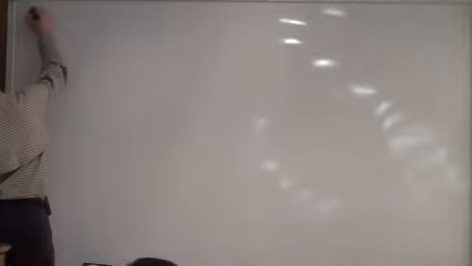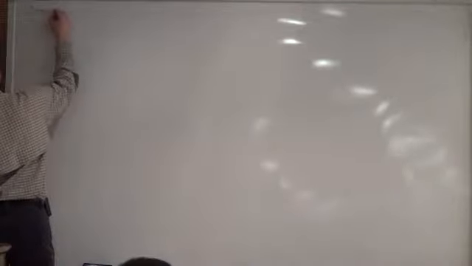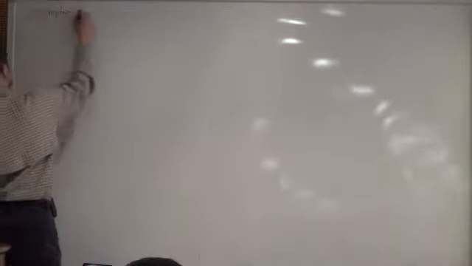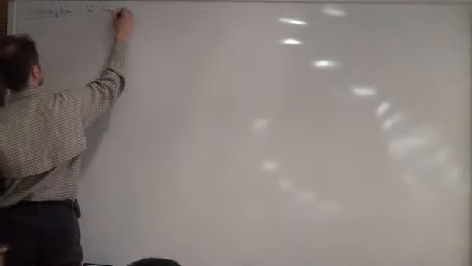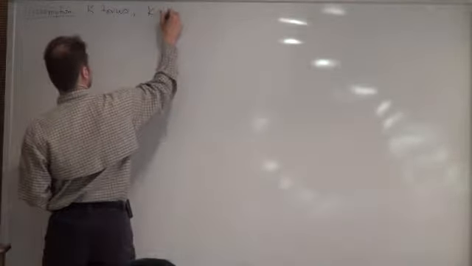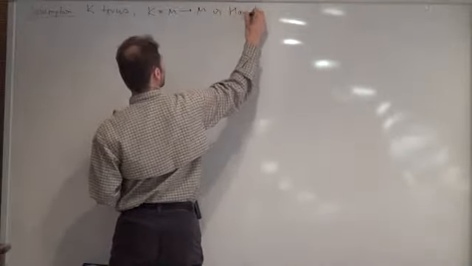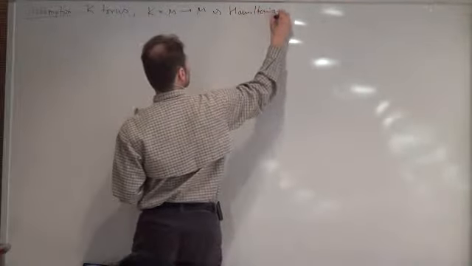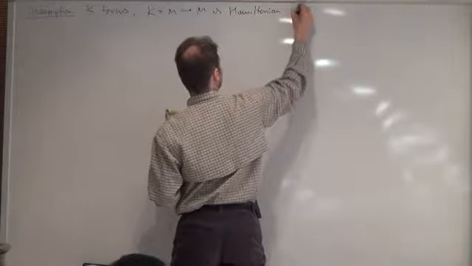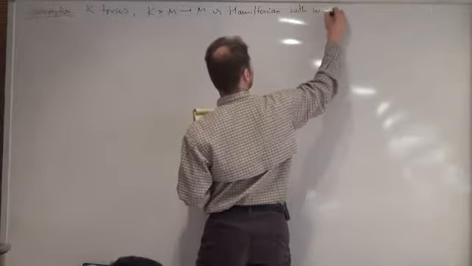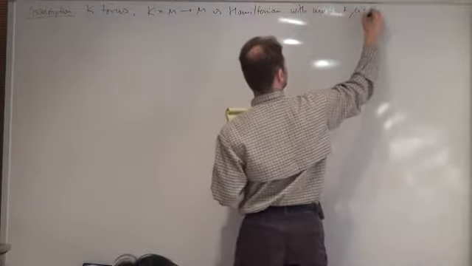Okay, so assumption: K is a torus, the action is Hamiltonian with moment map mu.